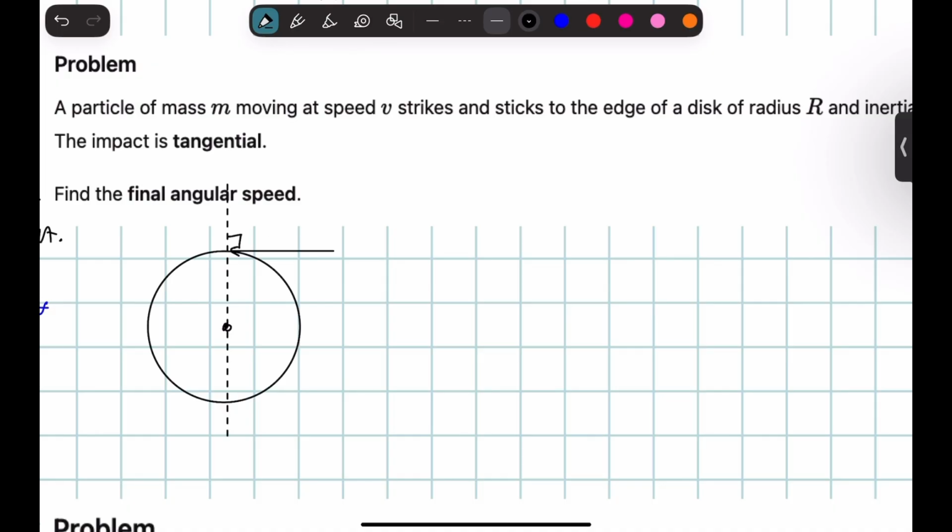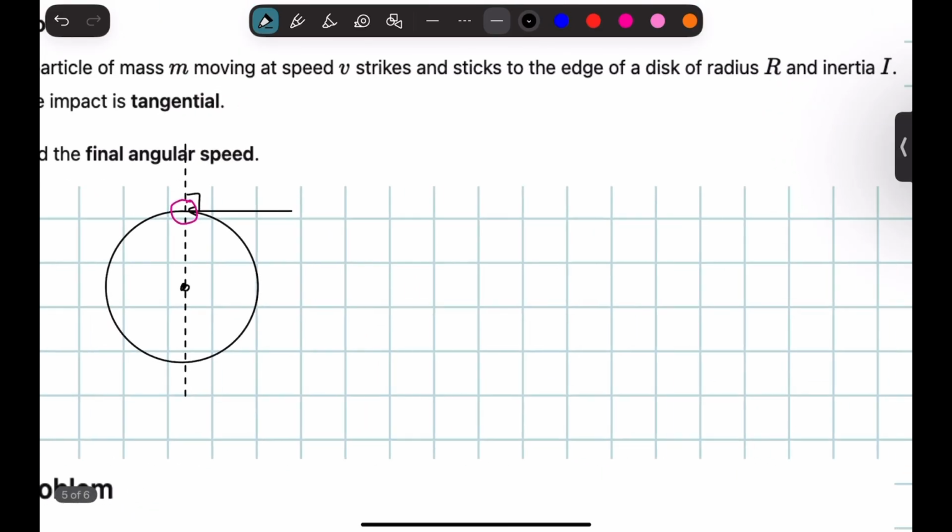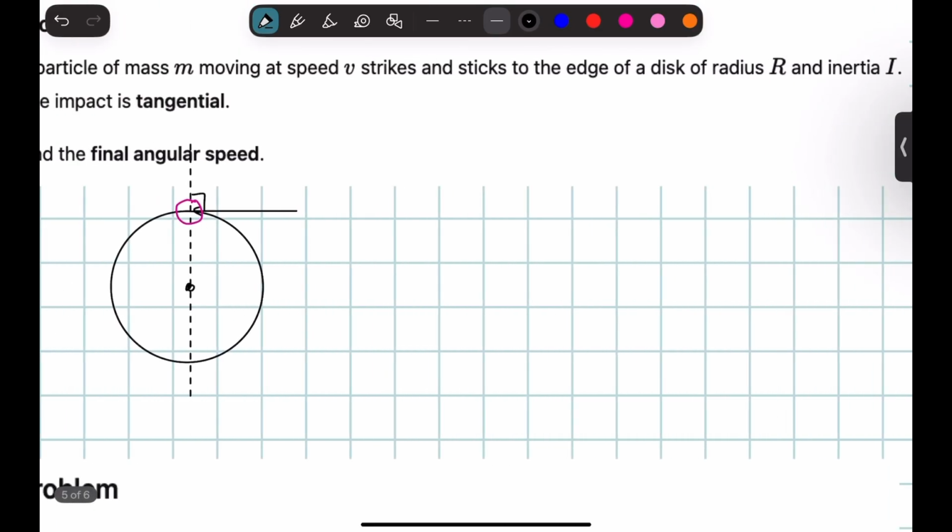So this is the mass. So actually, just draw the mass in a different color. And then this is at 90 degrees. So how do you get angular momentum? Well, angular momentum, you can get from the linear momentum. So what is the initial?